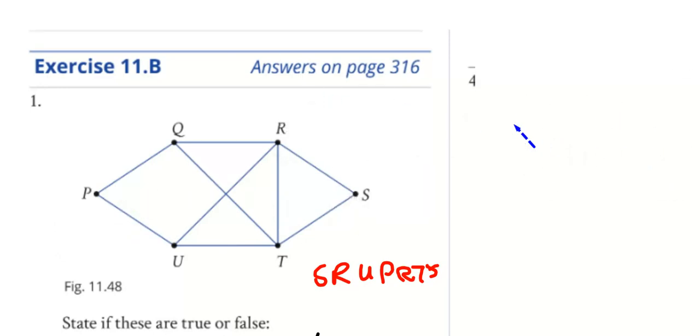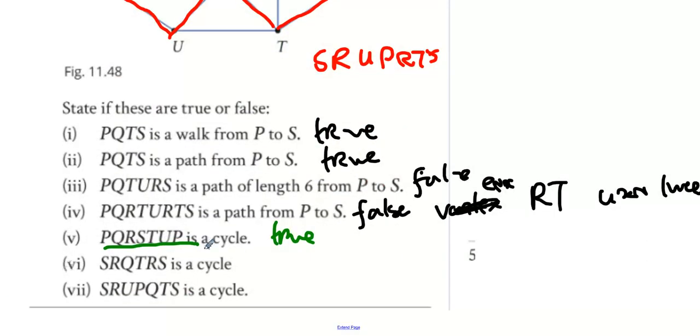See what happens. Okay. S to R, R to U, U to P, P to Q, Q to T, T to S. This is a cycle because it starts and ends in the same place and doesn't visit any of the other vertexes twice. So it's true.